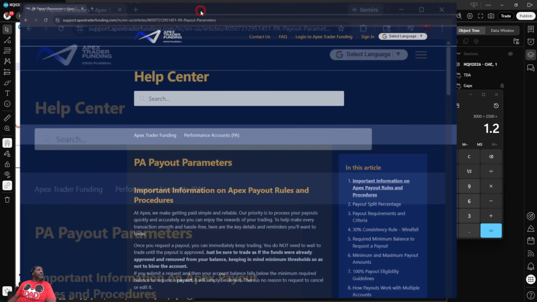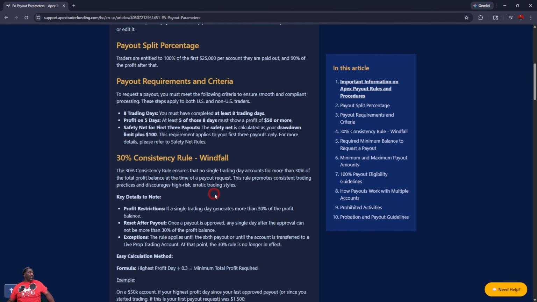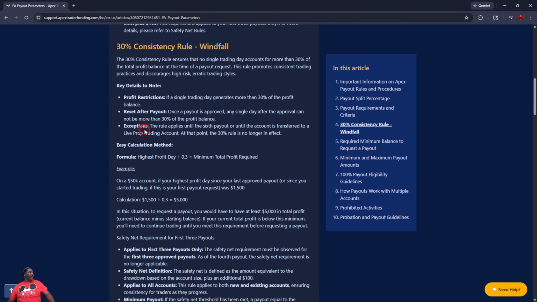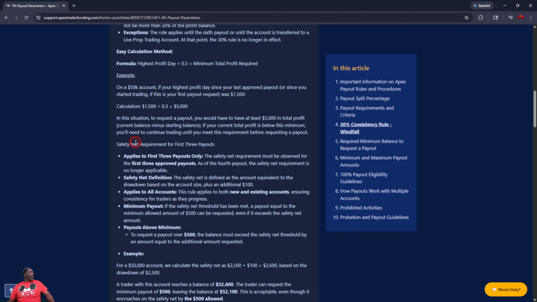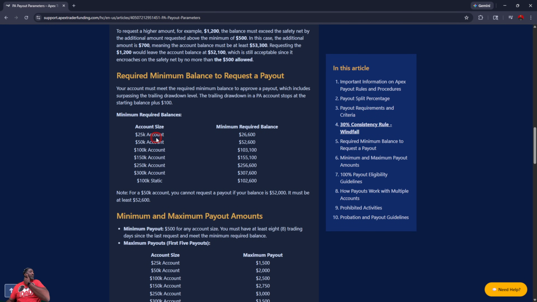Entitled to 100% of the first 25,000, 90/10 after that, right? 8 trade days, we know that. Okay, so here we go.